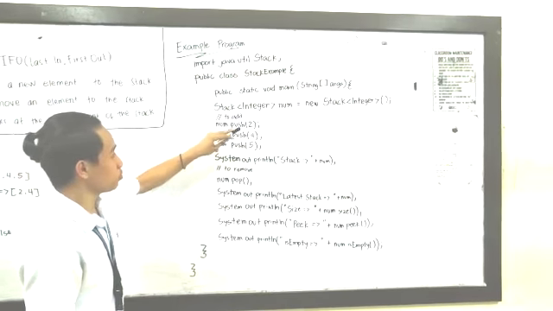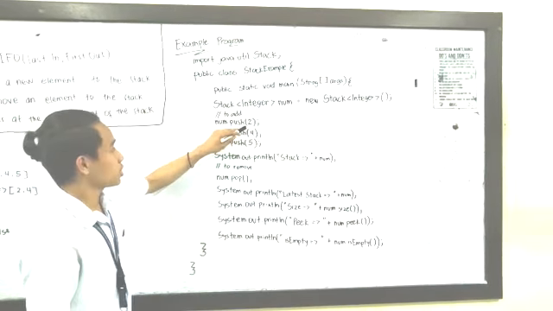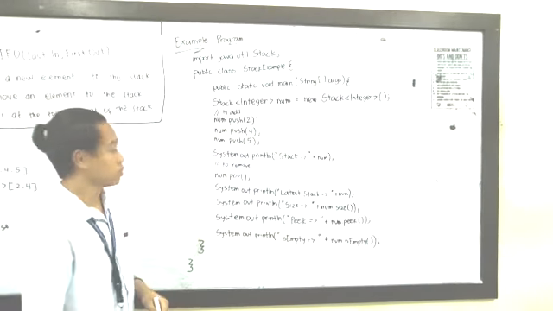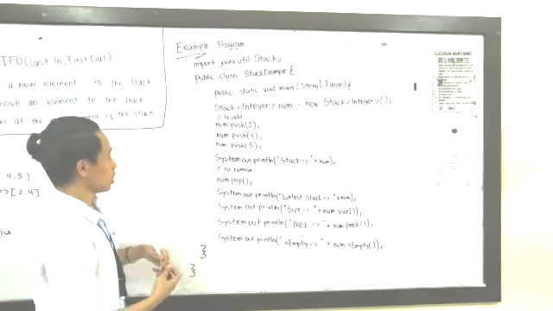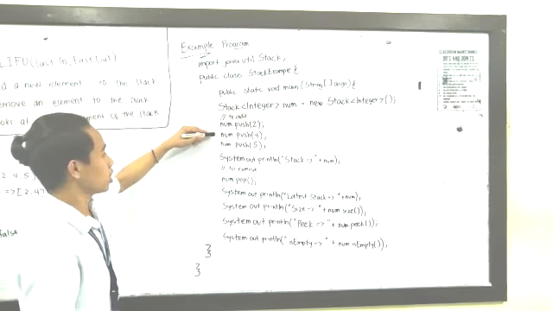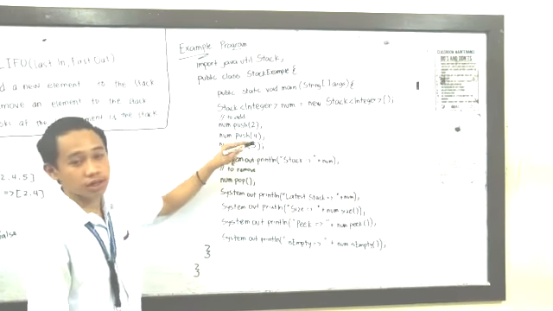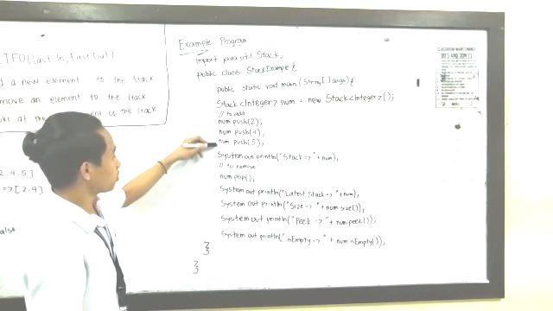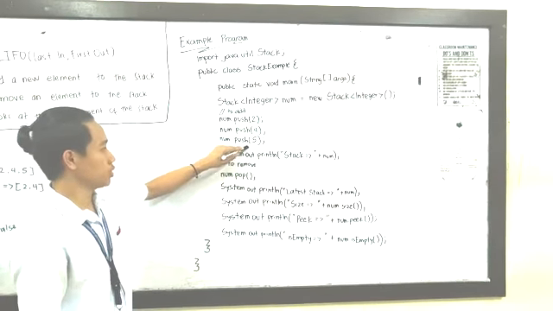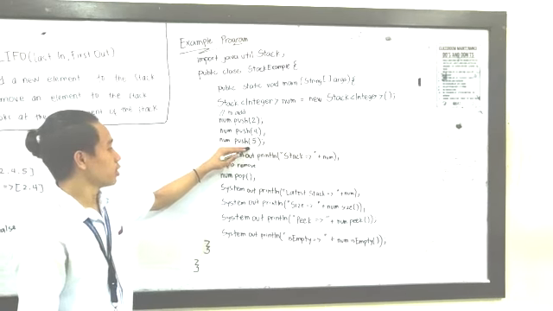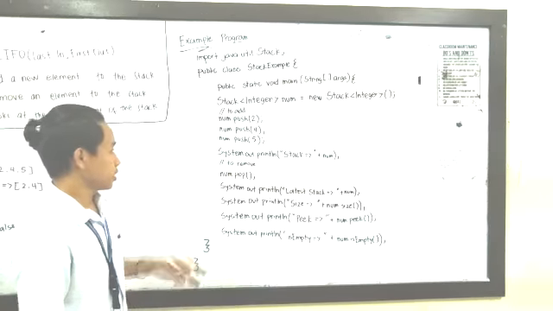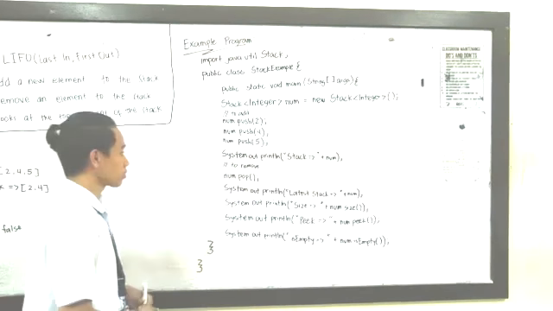Then this is how we add. So num.push, and inside the parentheses is the element number 2, then end with a semicolon. Same in the second one, num.push, with the number 4, then a semicolon. Then num.push with the number 5 as the element, also ending with a semicolon.